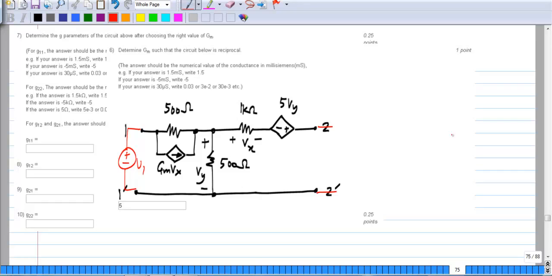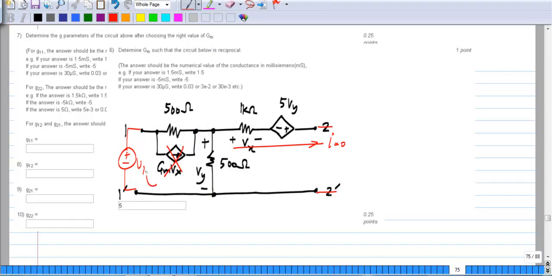So if we apply V1 like this, first of all we know that this current has to be 0, because of the open circuit. So Vx is 0, so this current source just goes away, and this V1 simply appears across a series combination of this 500 ohm and that 500 ohm, because no current flows through there.